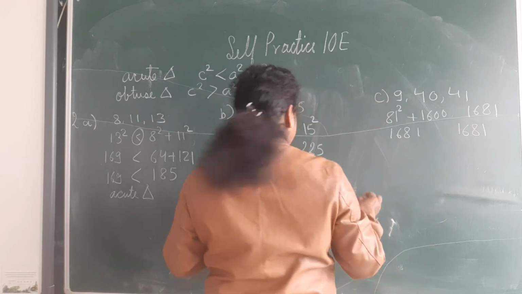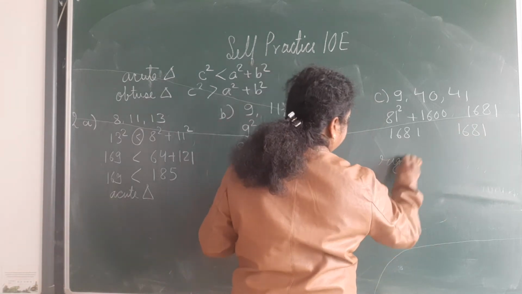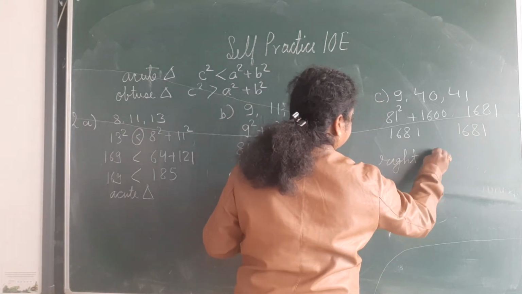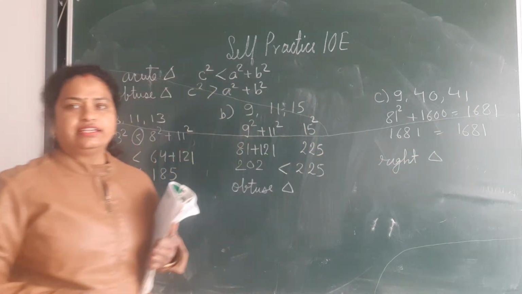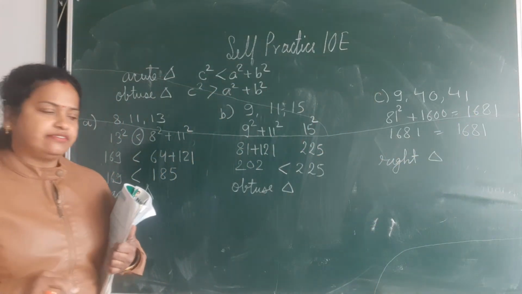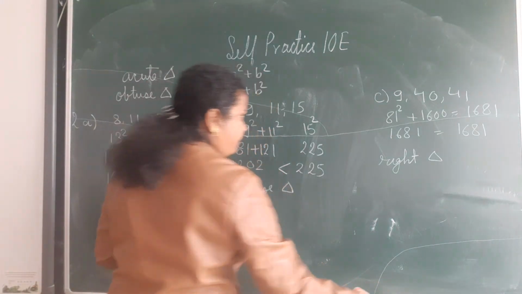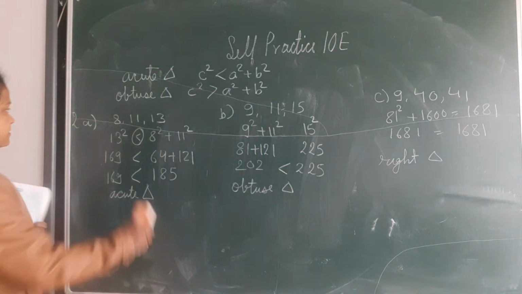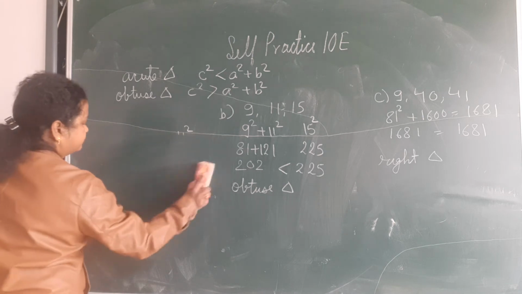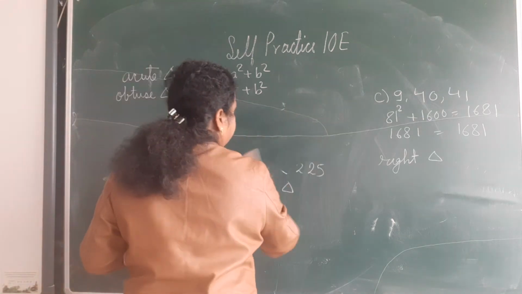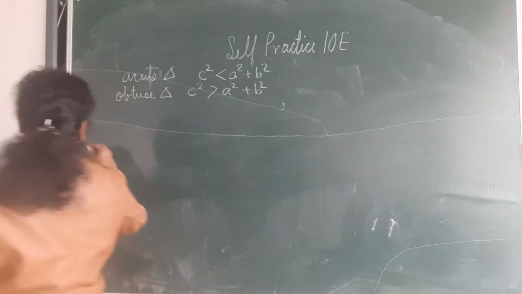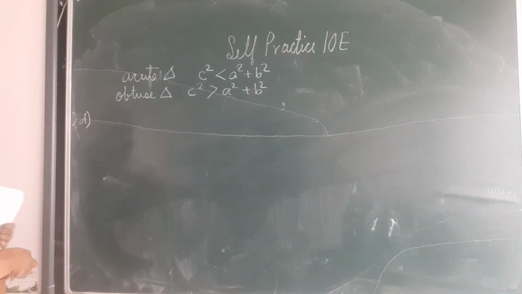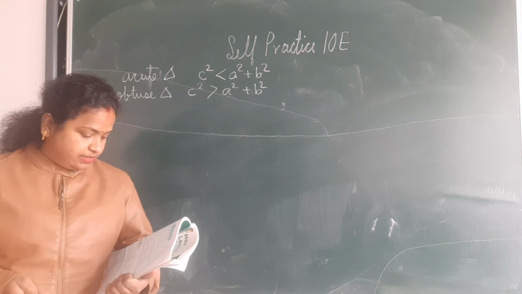Both are equal, so it is a right triangle. When it is equal, it is a right triangle. Now see the next, D part.